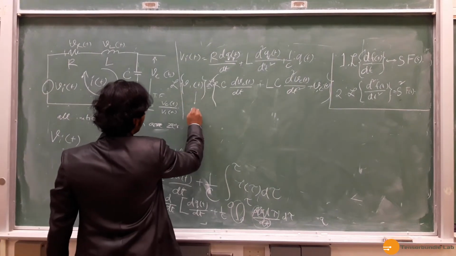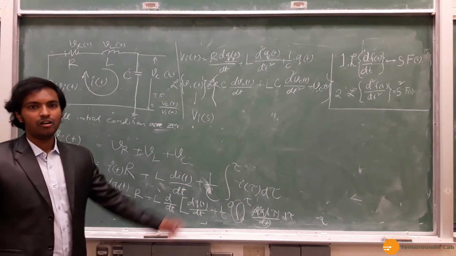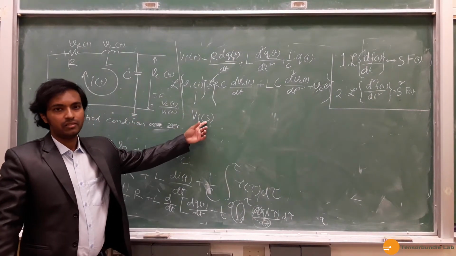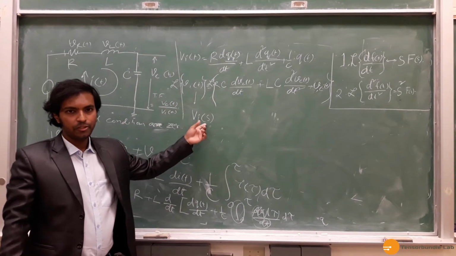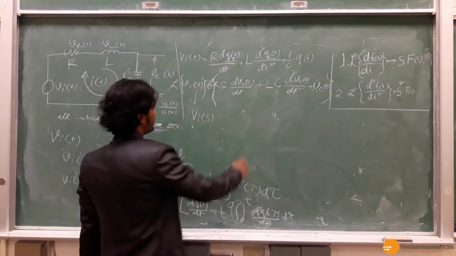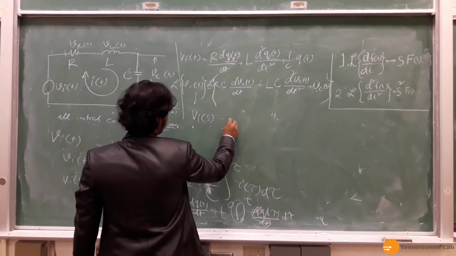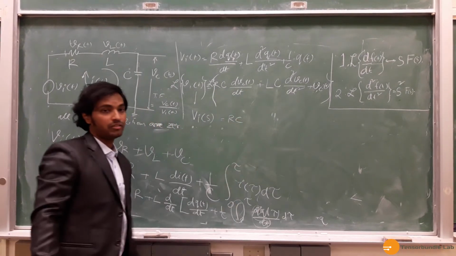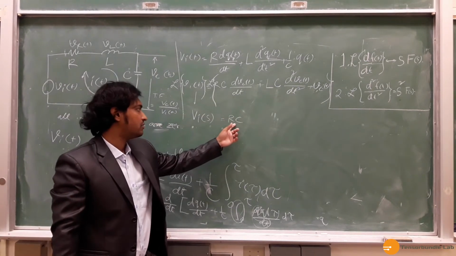So it becomes V of i in terms of the S variable, the complex variable in Laplace domain. Each time domain quantity will be converted into an equivalent S domain quantity. And R, C are constants, so the Laplace operator will not work on these constant quantities.